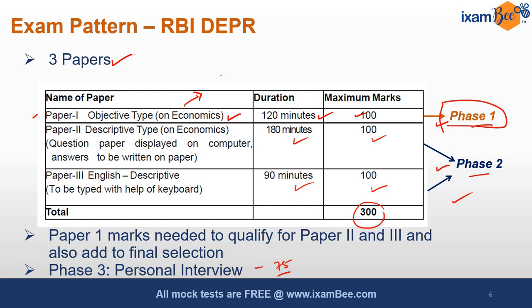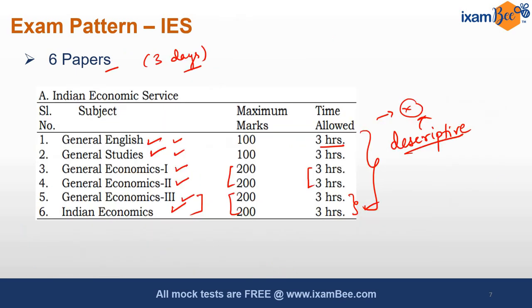Different negative marking meaning for 1 marker questions there is different negative marking, for 2 marker there is different negative marking, for 3 marker there is different negative marking, and for 4 marker there is different negative marking, right? So this is broadly the exam pattern for RBI DEPR and for IES.